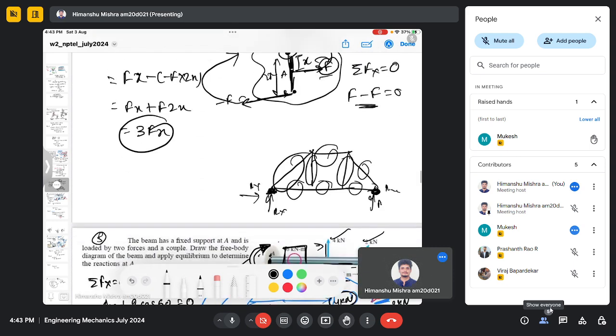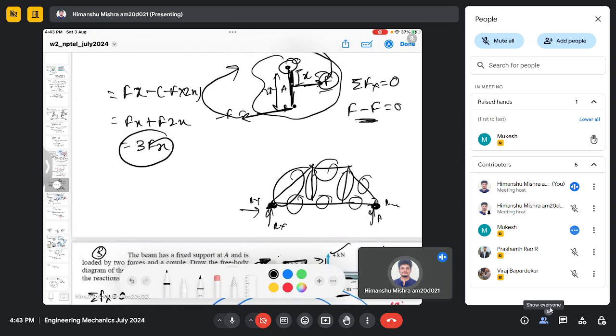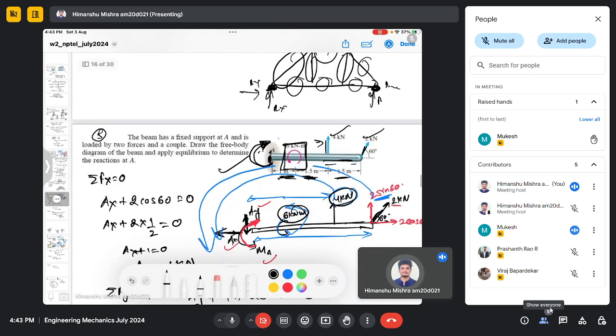This is the example of a couple, and this is what a couple is. So you can consider this system as a couple, which means there are two equal and opposite forces acting, F and minus F, such that the net force is zero. So there is no net force here, but there will be a moment.